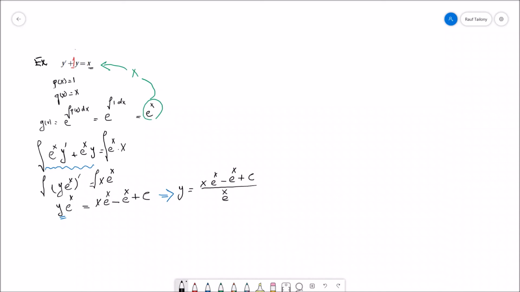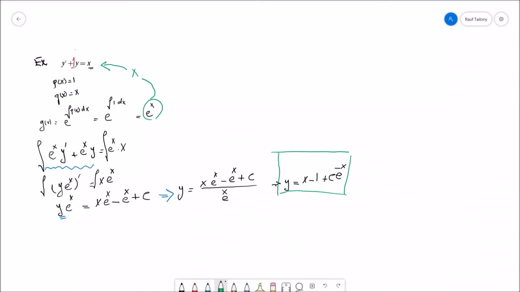And from that, y equals x minus 1 plus c multiplied by e to the power minus x. And that's your final solution.